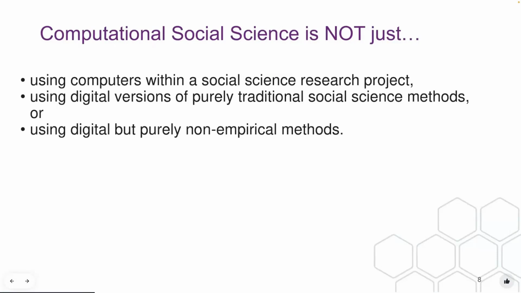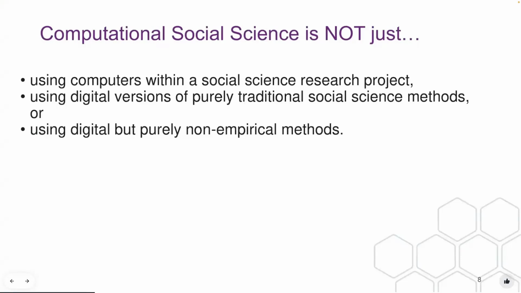And it's also not just using digital versions of purely traditional social science methods. So, it's not just asking survey participants to complete an online form instead of handing one out. It's not just a digital version of something that you would normally do in your social science research.